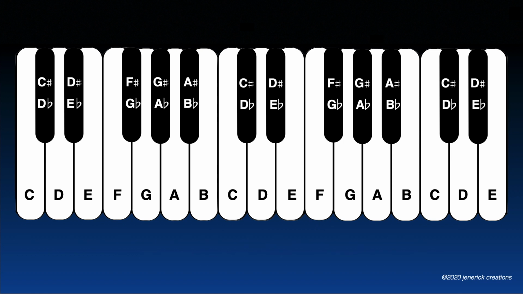There's our C sharp, D flat, and let's count the movement. 1, 2, 3, 4, 5, 6, 7, 8. Starting on C sharp or D flat, if you move up 8 half steps, that gets you to A.